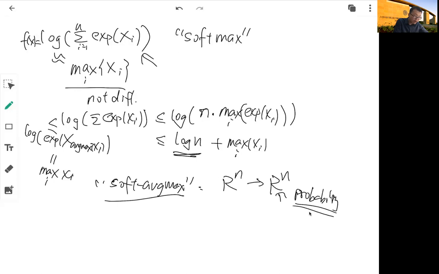How is soft argmax defined? It is defined by e to the x_i divided by the sum of e to the x_j. Notice that this always gives you a probability no matter what x is. Let's now compare this to the argmax function.